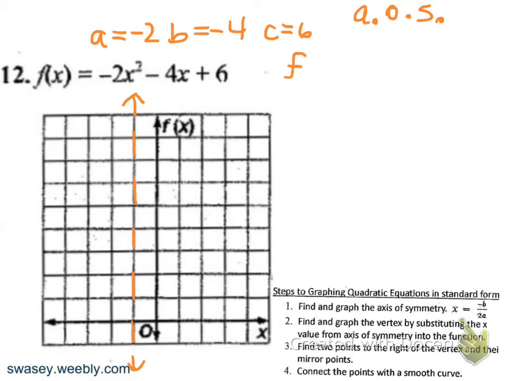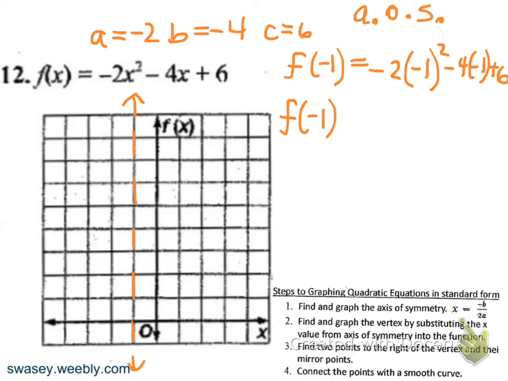So we'll have f of negative 1 equals negative 2 times negative 1 squared minus 4 times negative 1 plus 6. Now use your order of operations. Negative 1 in parentheses squared, negative 1 times negative 1 is positive 1.